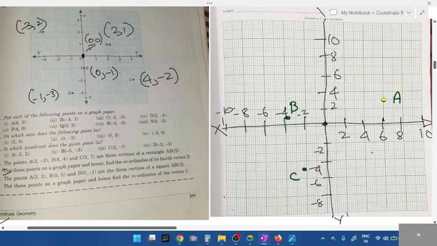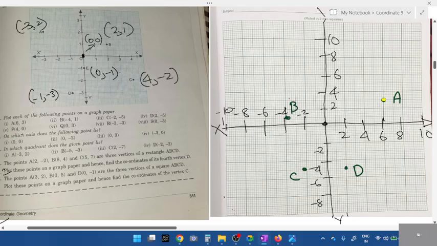Yes, can you answer the fifth question? Unmute the call. Fifth question. 4 comma 0. Is it on a quadrant or an axis? Which axis? Which one is 0?